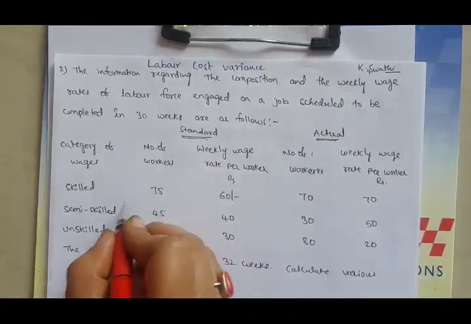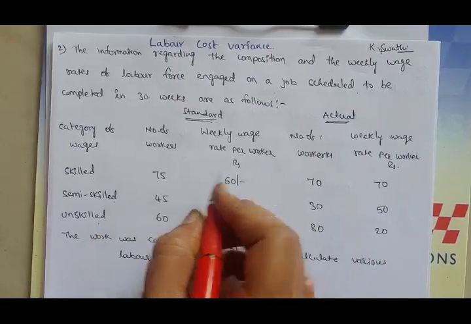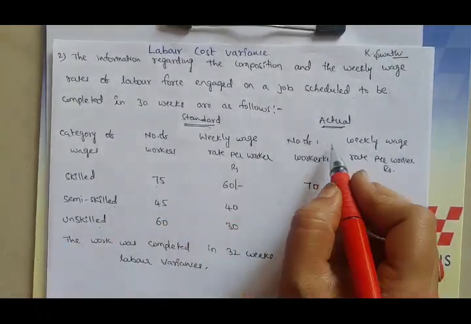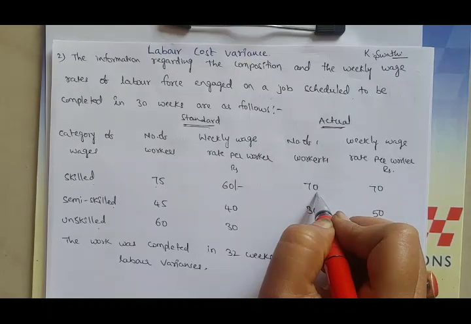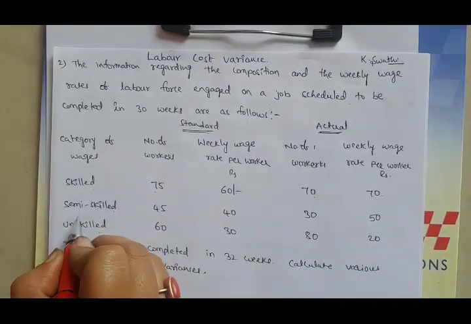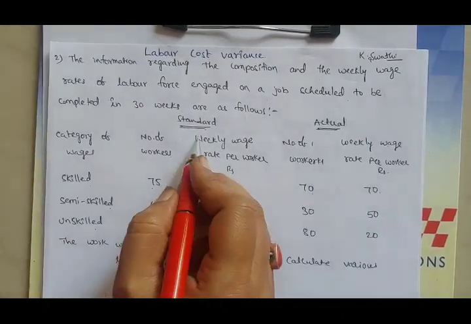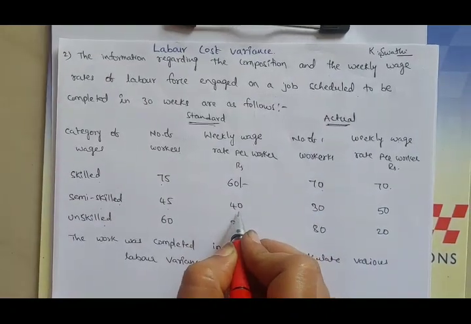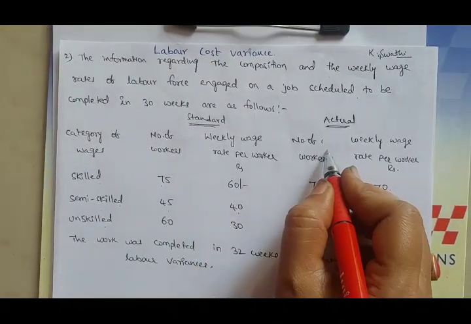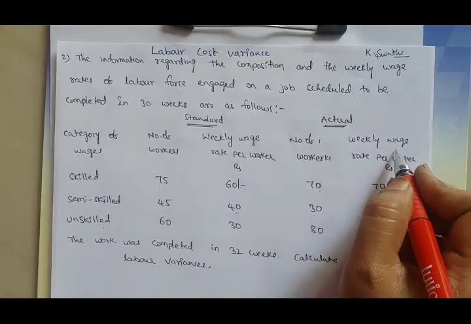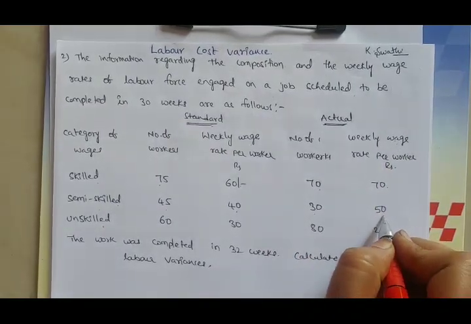Standard categories of workers are skilled, semi-skilled and unskilled. Skilled: standard number of workers is 75 at a weekly wage rate of 60 rupees, and actual number of workers is 70 at a weekly wage rate of 70 rupees. Semi-skilled: standard number of workers is 45 at a weekly wage rate of 40 rupees, and actual number is 30 at 50 rupees.